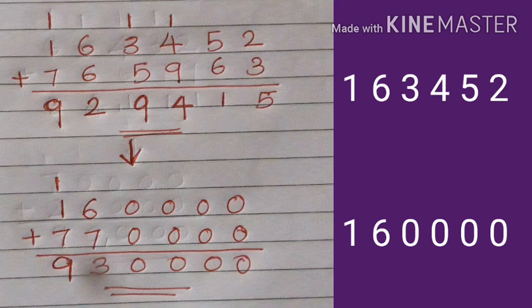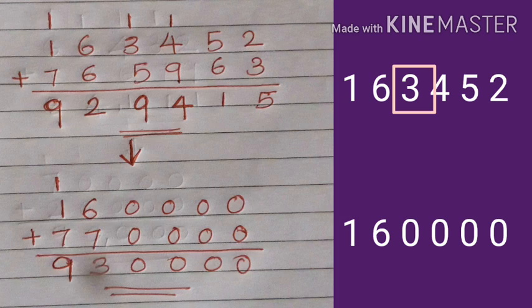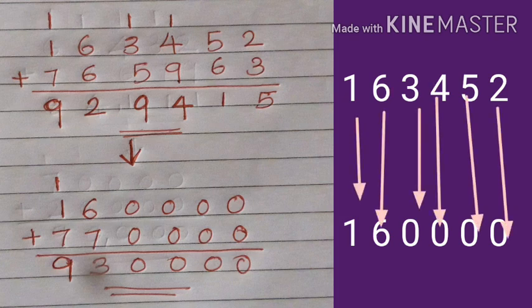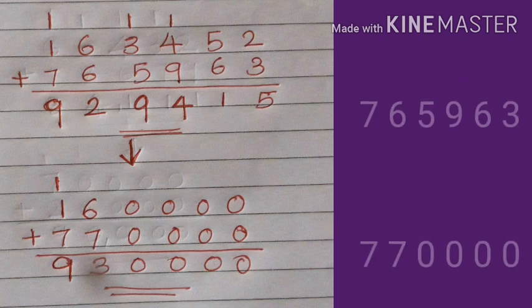Rounding the number 1,63,452 to the nearest 10,000s place, we look at the thousands place, it is 3. So there is no change in the 10,000s place. Then the remaining thousands, hundreds, tens and ones places are 0. Then we get the rounded number 1,60,000.